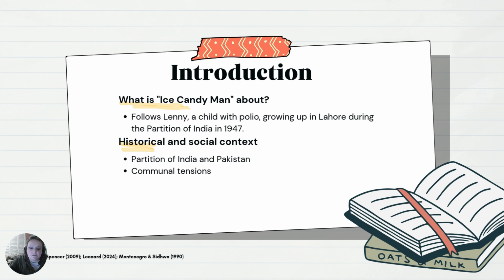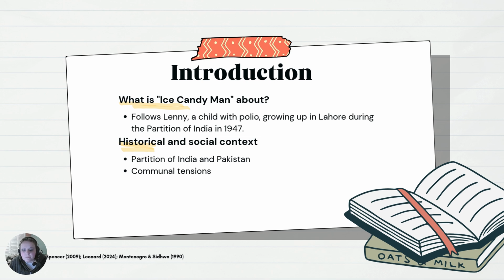The partition was largely based on the idea of the two nation theory, where Muslims and Hindus were seen as distinct nations. This led to fears and suspicions among communities against each other, ultimately resulting in communal violence and riots. The partition was far from smooth, causing one of the largest and bloodiest human migrations ever seen, displacing about 15 million people.